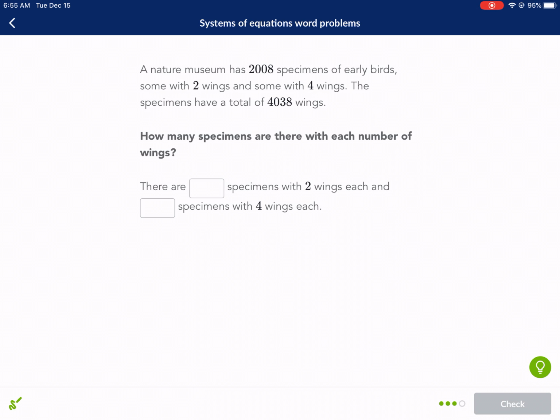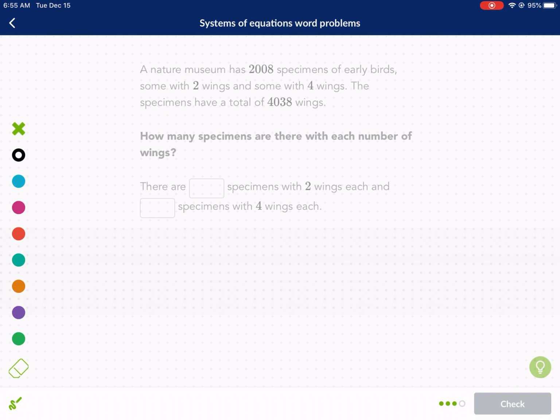Okay, the last one, I just want to set it up for you, but I'm going to get going just because this video is already too long. For this one, there's 2 wings per bird and then 4 wings for some bird. So we're going to say W equals the weird bird, the 4-wing bird, because it's weird, and then N is the normal bird, and this is a 2-wing bird.